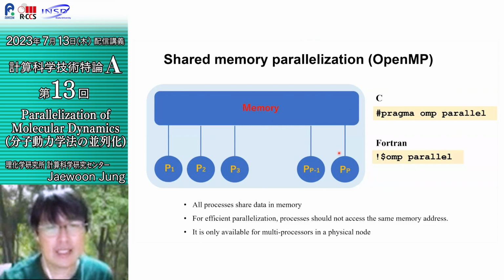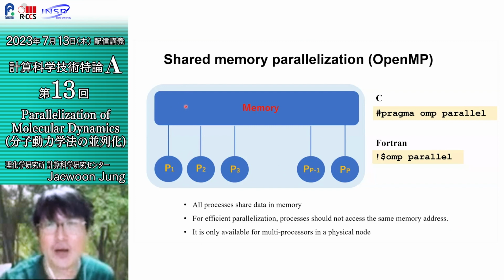But in this case, according to my experience, one thing you need to be very careful about is that processors should not access the same memory address. For example, this processor writes something here, but at the same time, this processor also writes something here. Then what will happen?